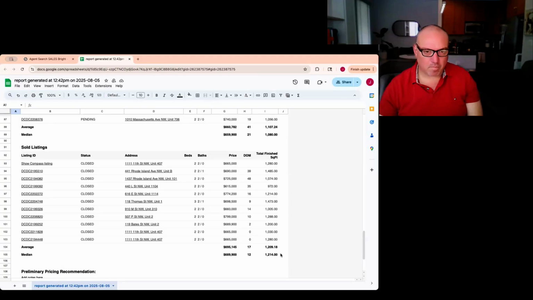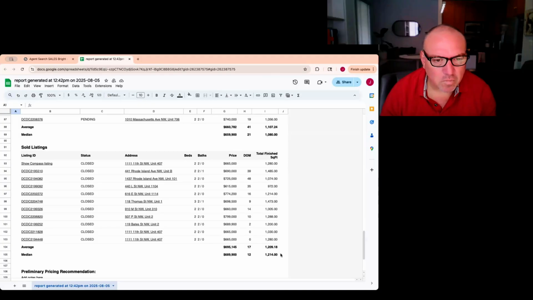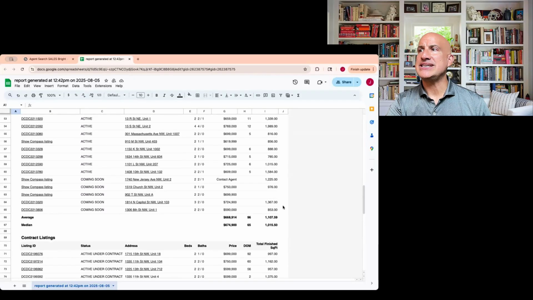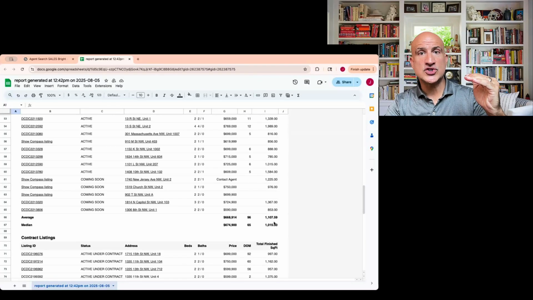So there are some warning signs as I'm looking at this data. Number one, the market is cooling to some degree because these actives are pricing higher for lower square footage.